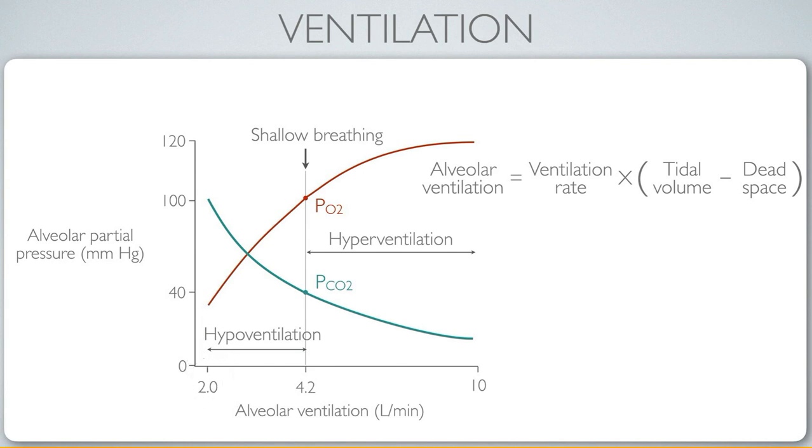So it doesn't take much of a drop in your ventilation to have a catastrophic effect on the dissolved gases in your blood, effectively making the lungs non-functional. Now, as a reminder, the alveolar rate is not equal to the pulmonary ventilation because the pulmonary ventilation doesn't take into account the dead space.